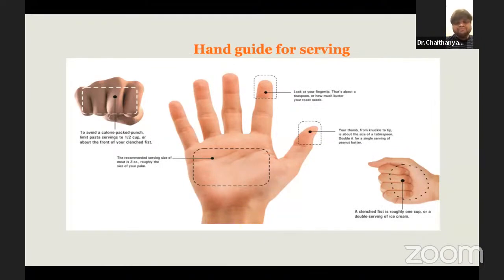In the same way, if you want to divide the diet into various food types, we have various food lists in practice: the starch list, the fruit list, the milk list, the fat list, and the vegetable list. So these are the various lists which we have.